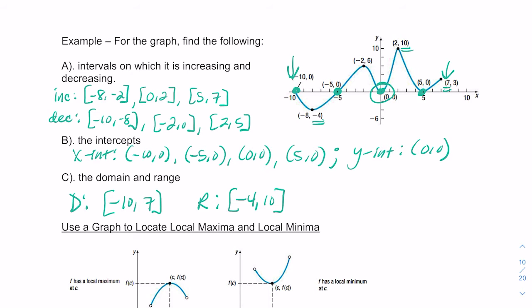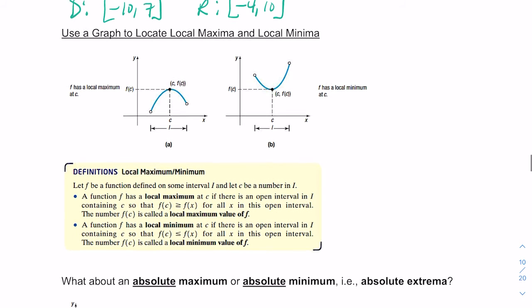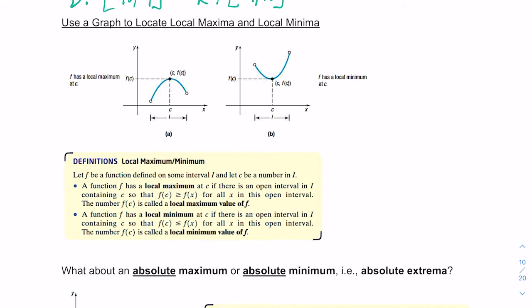Okay, let's look at what we call local max and local min, and the plural is maxima and minima. Sometimes they're referred to as extrema, okay, or extreme values. Think of it as that. We also refer to the word local sometimes as relative. So if you hear a relative max or min, it's the same as a local max or min.